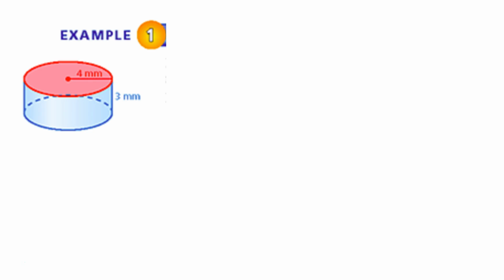Let's go ahead and go to example 1. Once you know the formula, it's not really going to be any different than what we've done until now. You just have to be very careful about what r squared means, and that you're using r and not diameter.